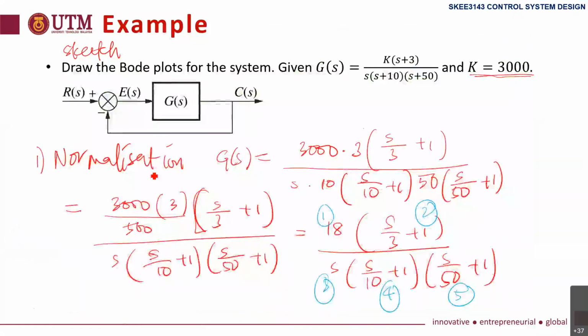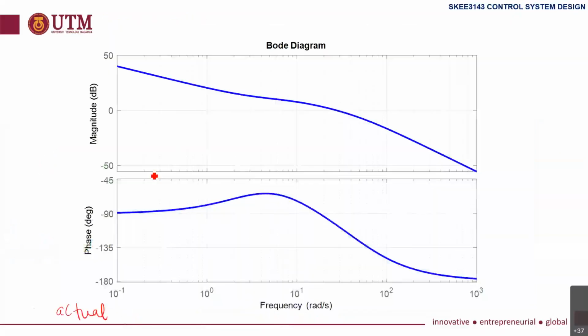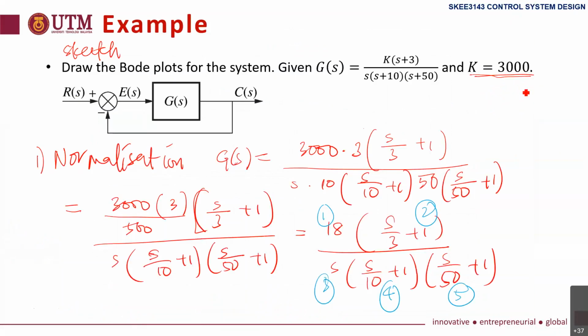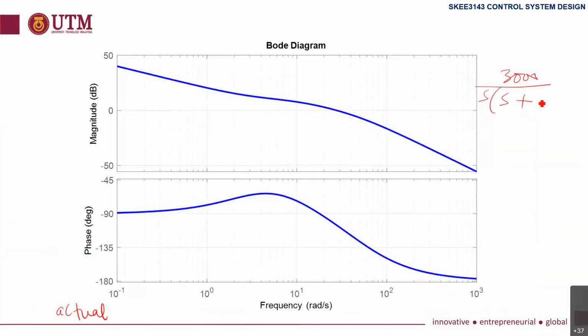Remember, this is for 3,000 over S plus 3, S plus 10 and S plus 50. Okay, this is G(S). Bode plot for this G(S).